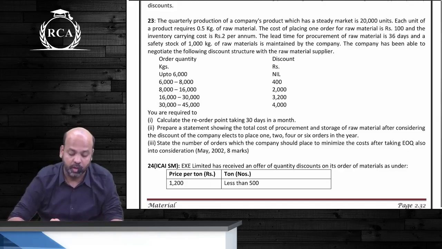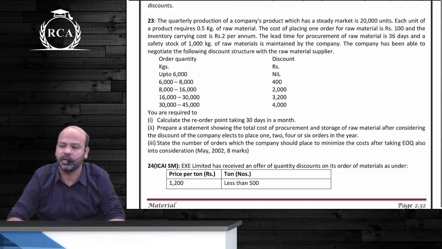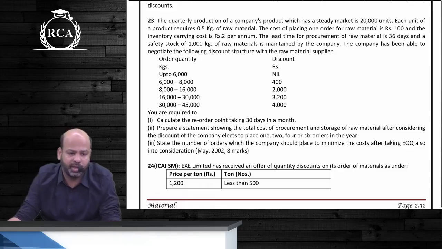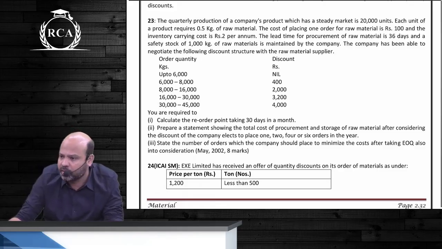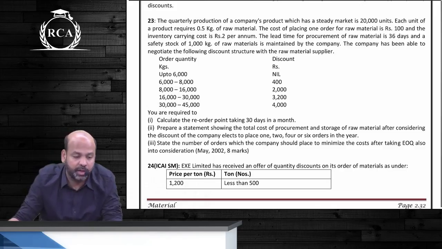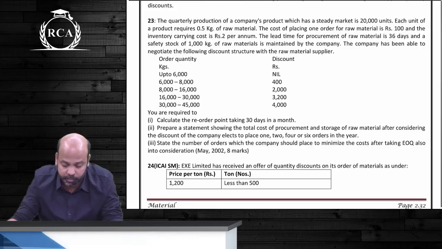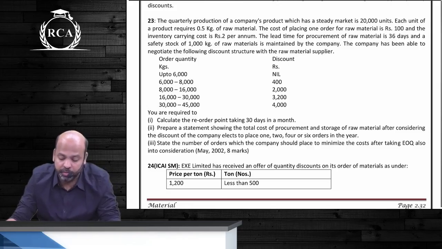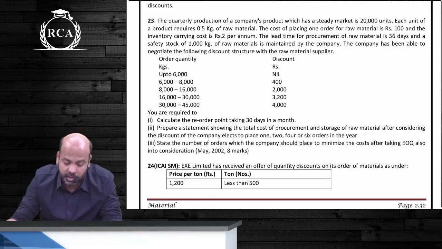Each unit of a product requires 0.5 kgs of raw material. That means the quarterly requirement of raw material is 20,000 multiplied by 0.5, 10,000 kgs. Annual requirement of the raw material will become 10,000 kgs multiplied by 4 quarters, and that will be 40,000 kgs. The cost of placing one order for raw material is 100 rupees and the inventory carrying cost is 2 rupees per annum. The lead time for procurement of raw material is 36 days and there's a safety stock of 1000 kgs of raw material maintained by the company.